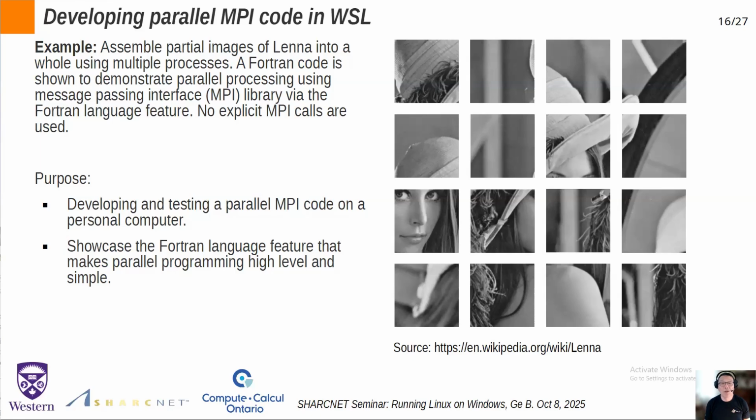In this case, I will have 4x4, 16 processes, and each one reads a portion of the image file, and then the master process will assemble the pieces into the whole image. That's the idea, and the code is written in Fortran and supported by the underlying MPI library.